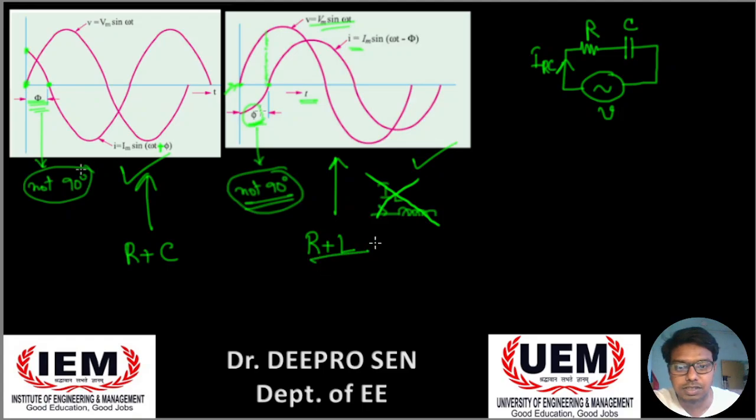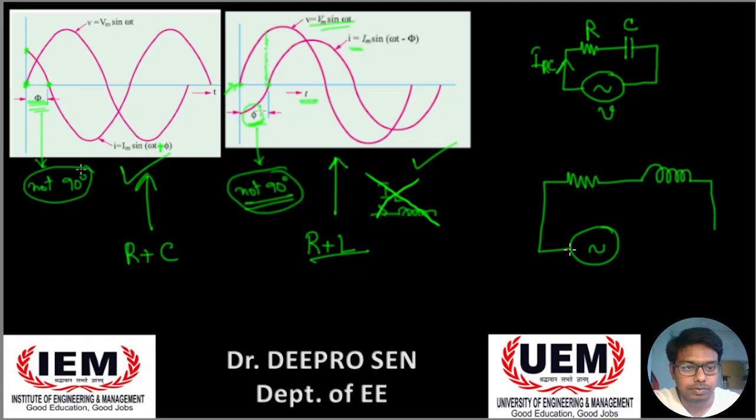Now let us see what is happening in this RL case. The circuit will be simple like this. This is V, this is R, this is L, and obviously this will be I_RL. RL stands for resistive plus inductive.